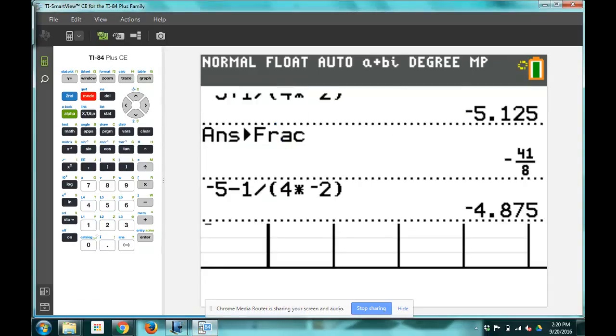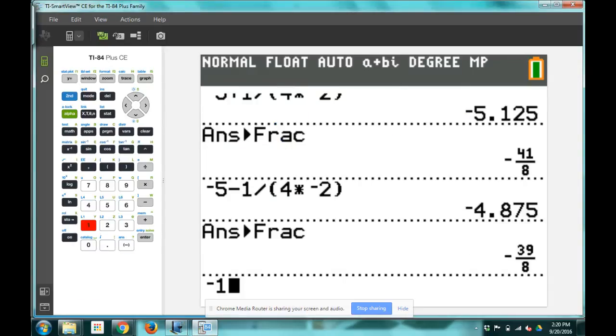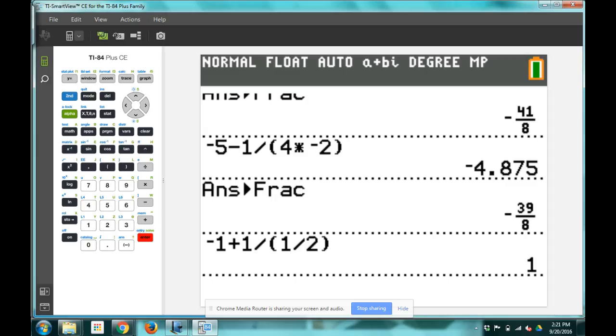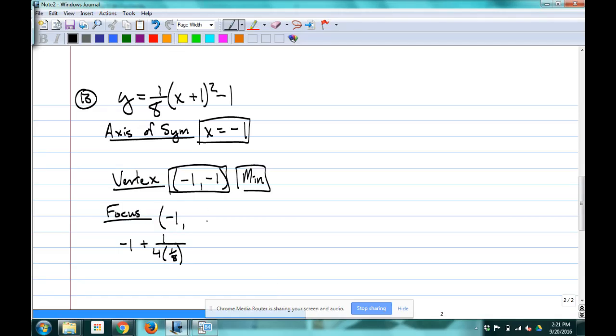So -1 plus, I'm going to put 1 divided by parentheses 1/2, +1. So your focus is -1. So this one, when we draw, it'll be a little easier to see the difference in the vertex and the focus because it's a little further apart.